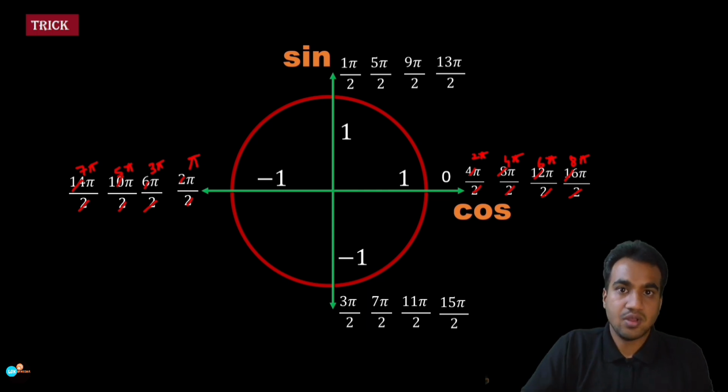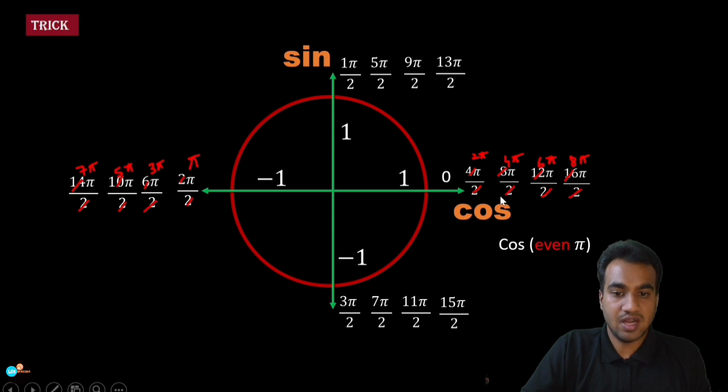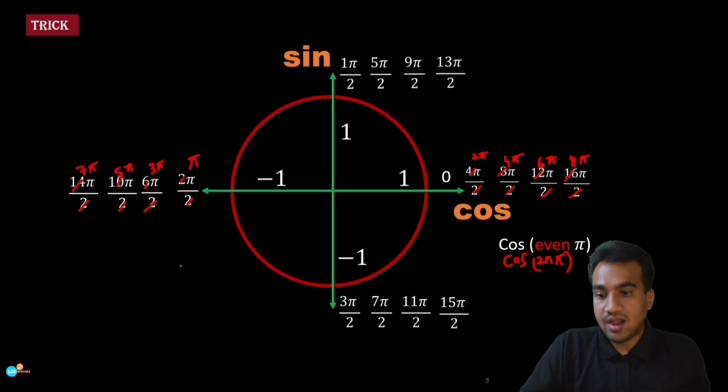In general, cos of even multiples of pi is always equal to 1, whether it is cos 2 pi or cos 4 pi or cos 6 pi or cos 8 pi, all the values are equal to 1. So we can write it like that: instead of writing even, we write 2n pi, so cos 2n pi is always equal to 1. And next, cos of odd multiples of pi is always equal to -1.